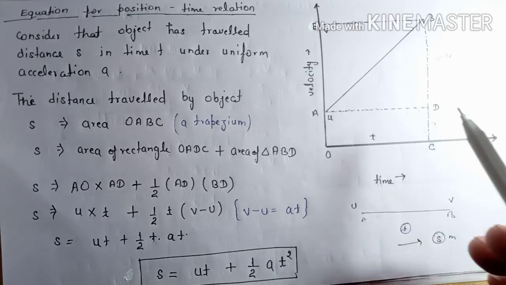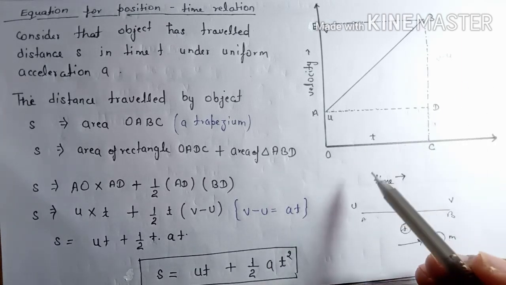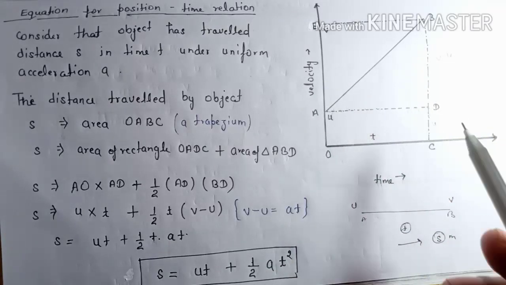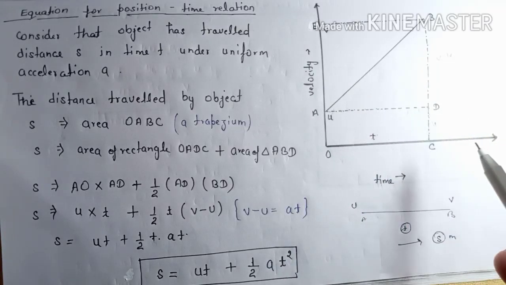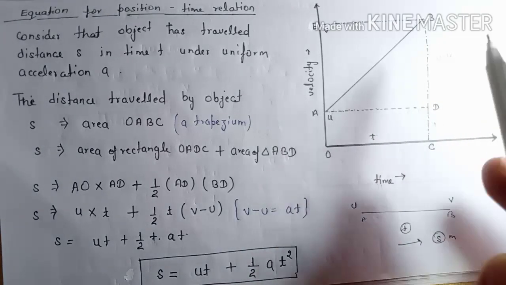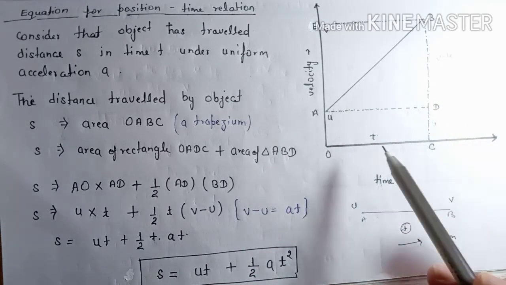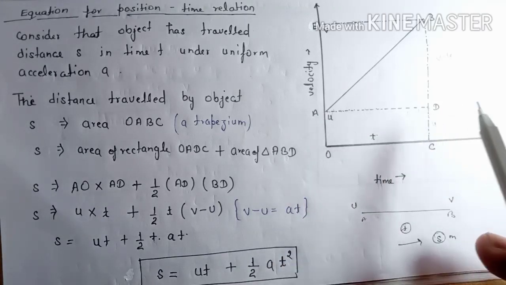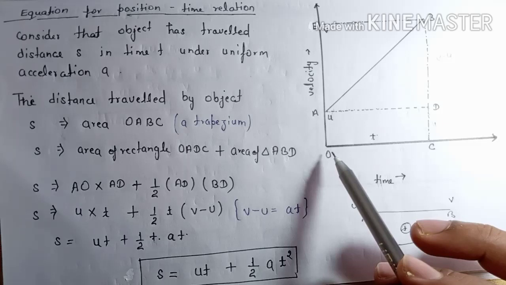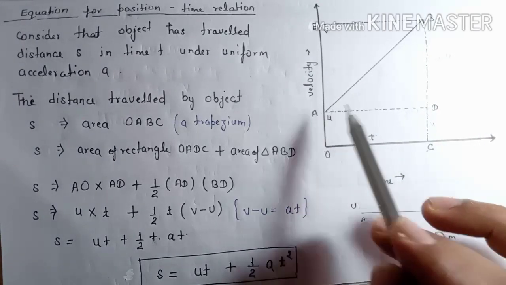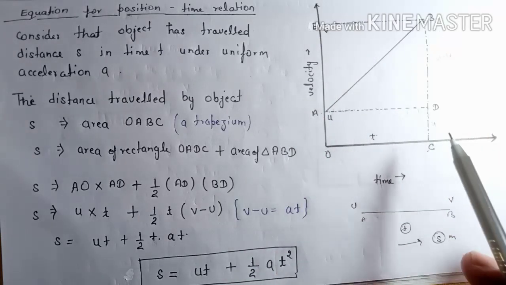Here in this case the distance traveled will be the area under this graph, and this distance is traveled in time t. And how to get the area of this graph? You can see OABC is a trapezium, and now we can divide this trapezium into two parts. First is OADC, which is a rectangle, and second one is ADB, that is a triangle.